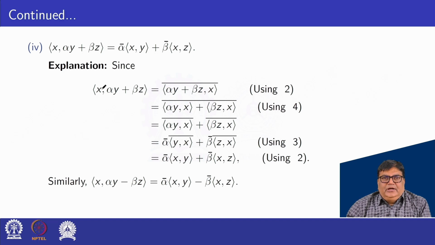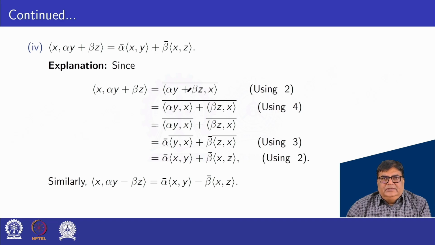So inner product of x, alpha y plus beta z can be written as the conjugate complex of the inner product of alpha y plus beta z, x by property 2. And again using property 4, this is the inner product of x plus y, z.